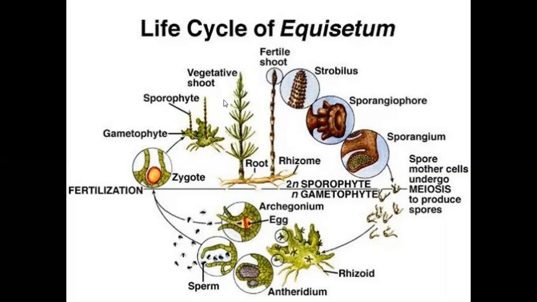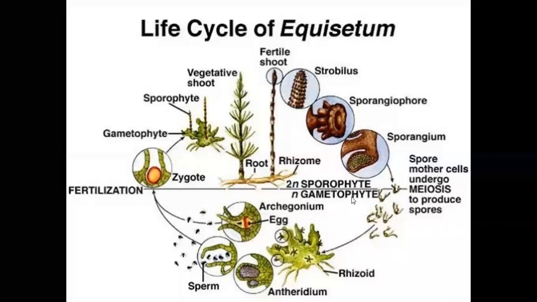See, children, from this total life cycle, there are two major stages. One is the sporophyte, which is in diploid condition; the gametophyte is in haploid condition. These two stages alternate with each other. Sporophyte alternates with gametophyte, and gametophyte alternates with sporophyte.